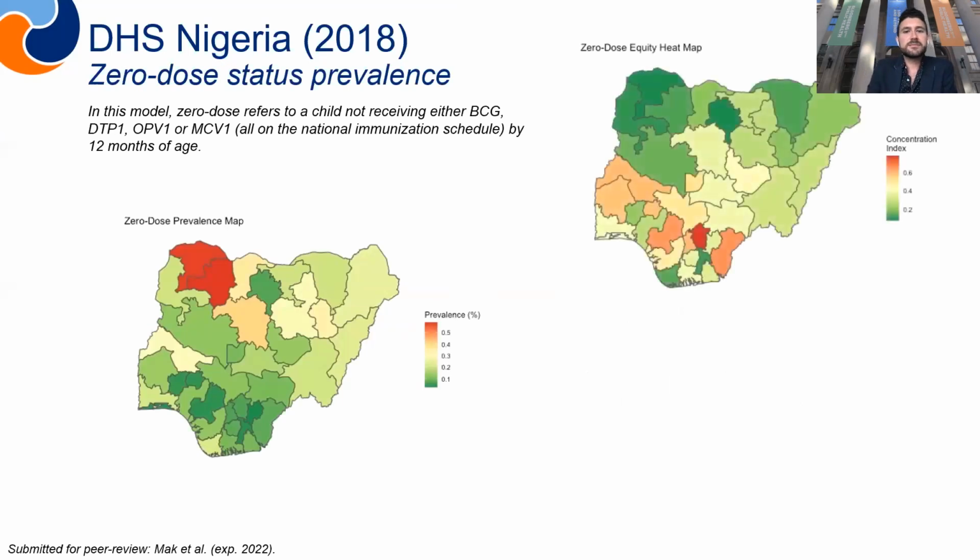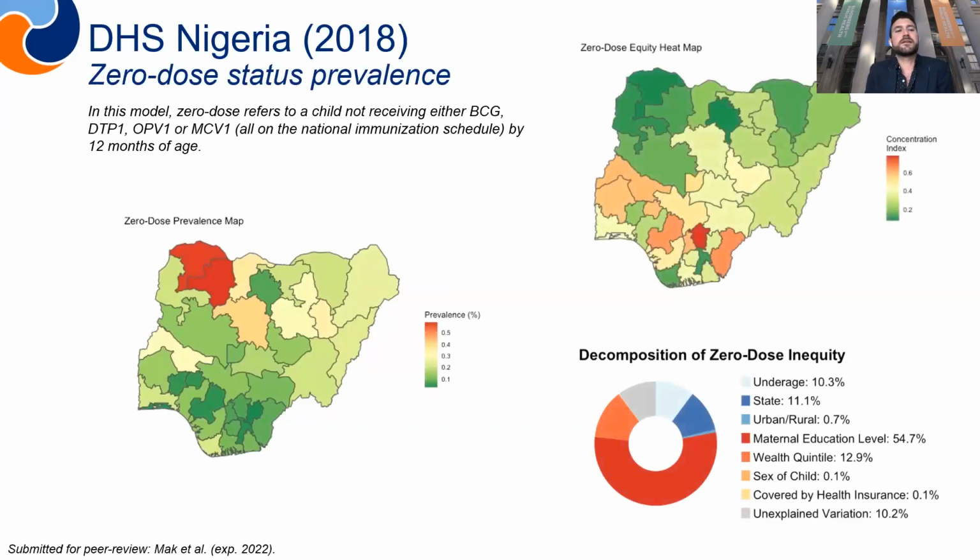So here you can see some different outputs from the Nigeria DHS that are produced by the VERSE tool. The first is a zero dose prevalence map showing which regions have the highest prevalence of zero dose status. The second is concentration indices to show which areas have the most inequality based upon measurable unfair determinants for being zero dose in that particular setting.